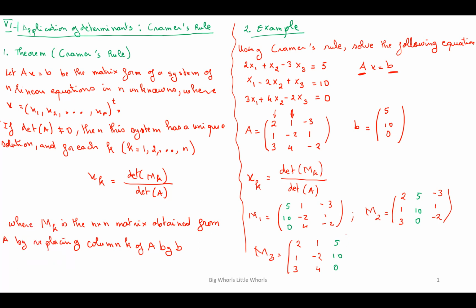So this is how we are going to use Cramer's rule. First of all, we need to write down the matrix A, the vector B, and then M1, M2, M3. Let me go to the next page.